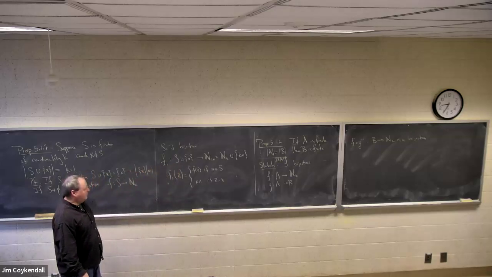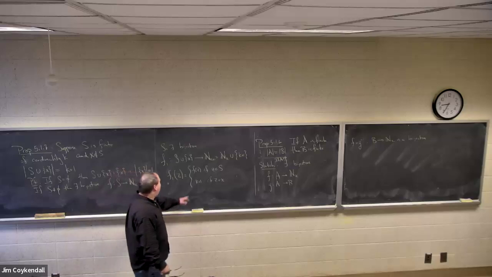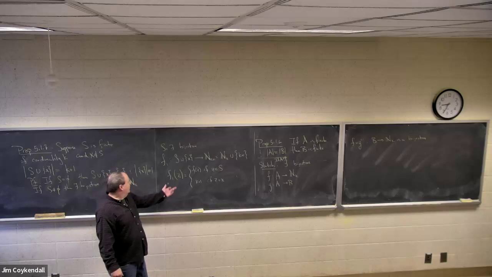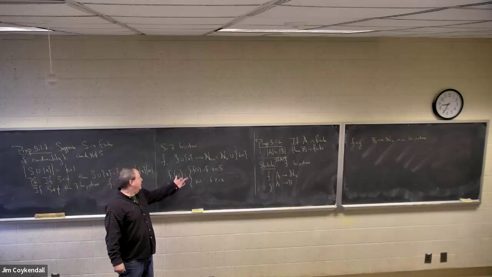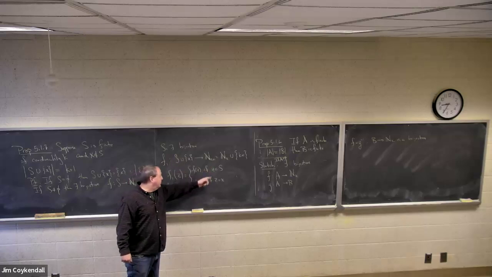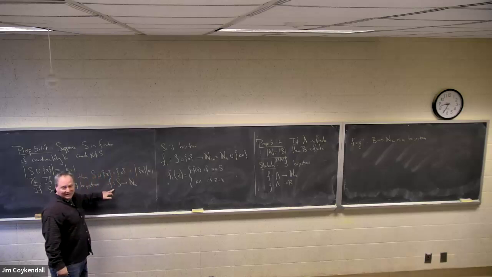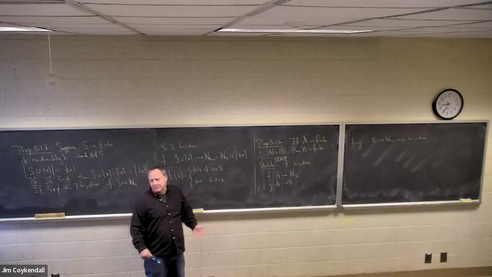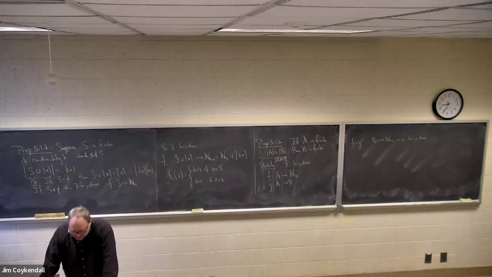So you just build, this is kind of an inductive type argument, and this is also very similar to what we did earlier with the union. Take your input. It's either x or it's in S. If it's in S, just do what the previous bijection did. If it's x, take it to the new guy. That's it. Okay. Any questions?